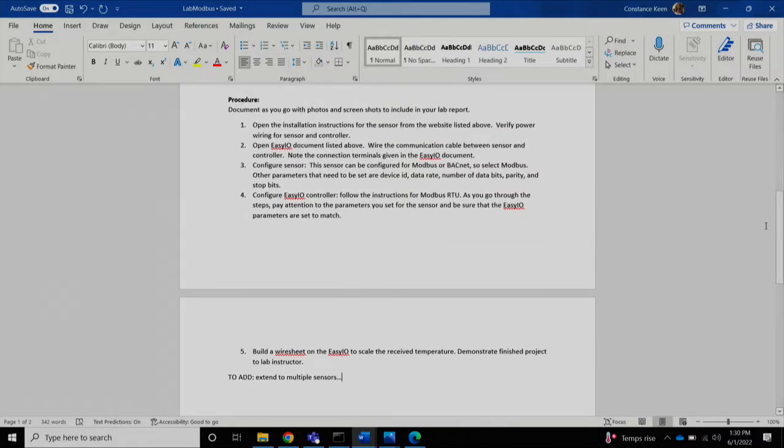One thing we could have done was extend it. We only did it with one sensor, so they had their controller and their sensor, which is pretty lame for Modbus, right? So we didn't have time to extend it. Next time I teach it, hopefully we'll do at least two. But what I did do instead is I did it with oscilloscopes.